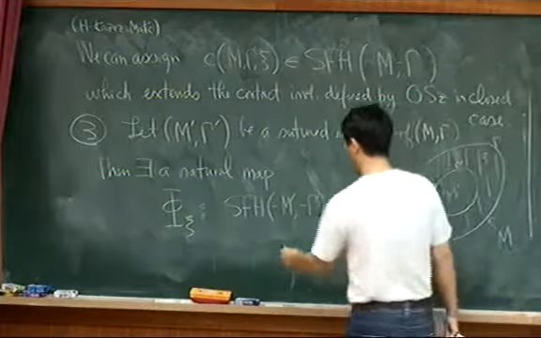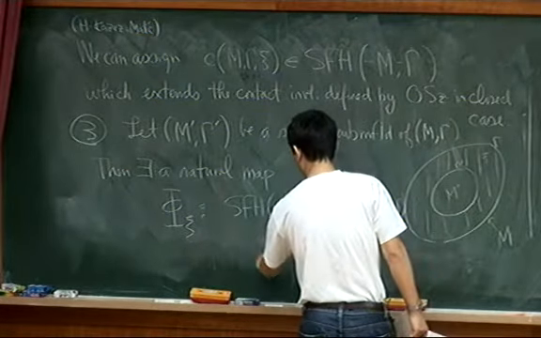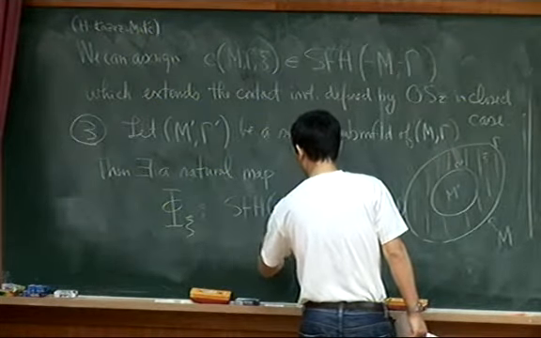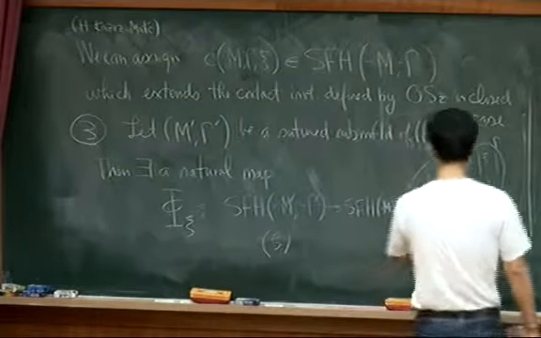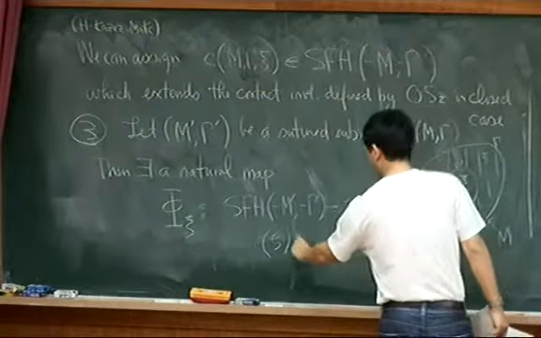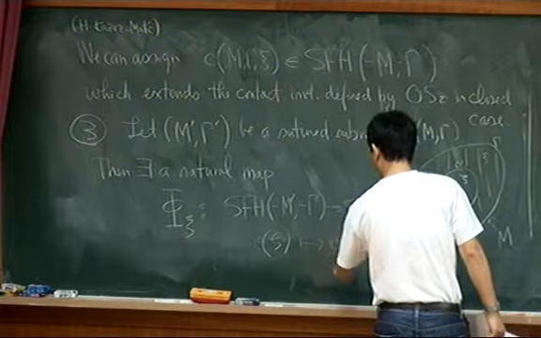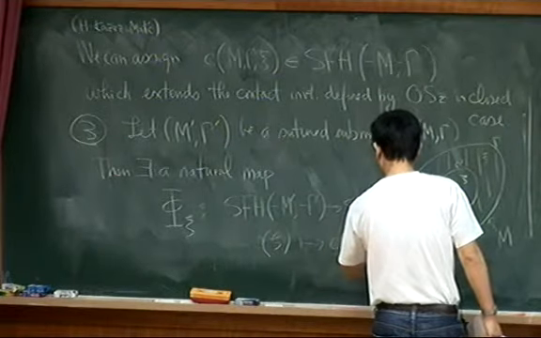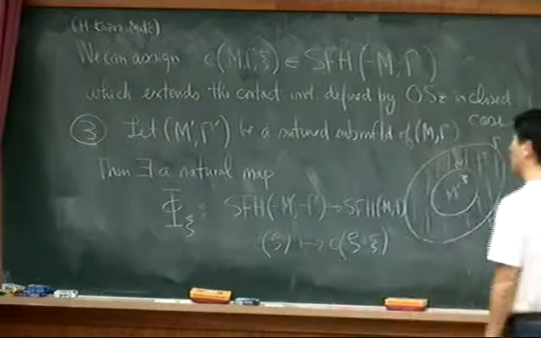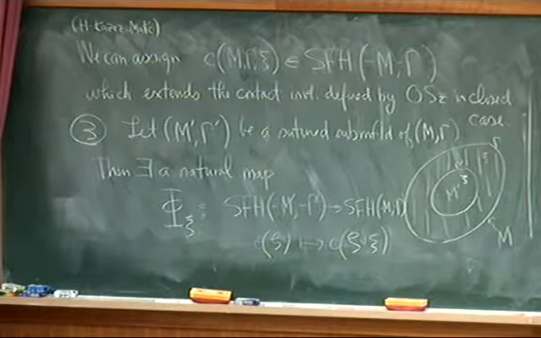In particular, if I have a contact structure zeta on the smaller piece, then the contact invariant of zeta gets mapped to the contact invariant of zeta union xi. It's a natural procedure.